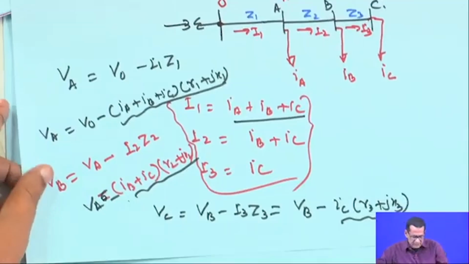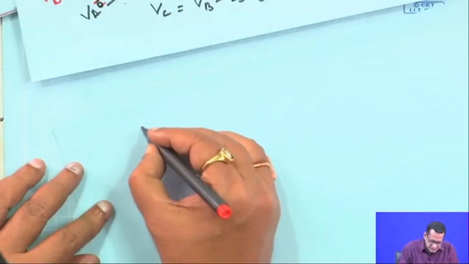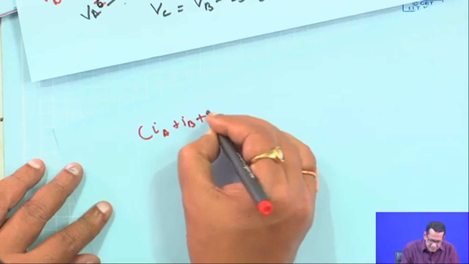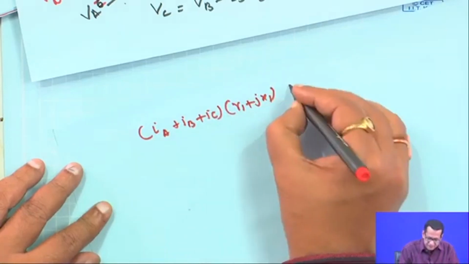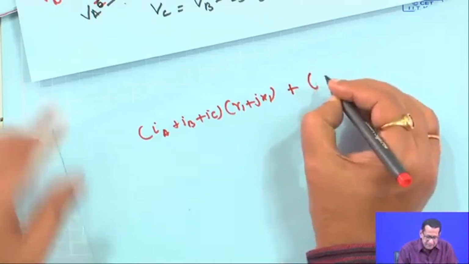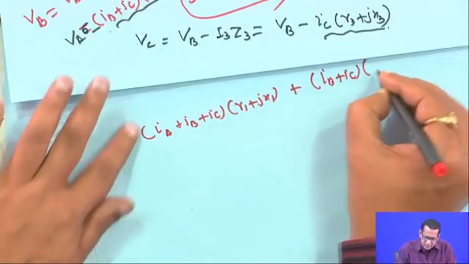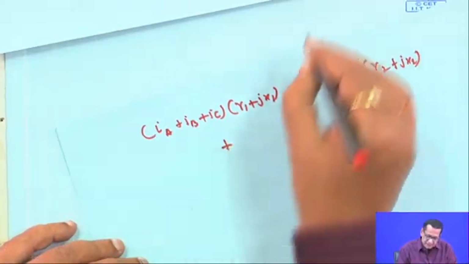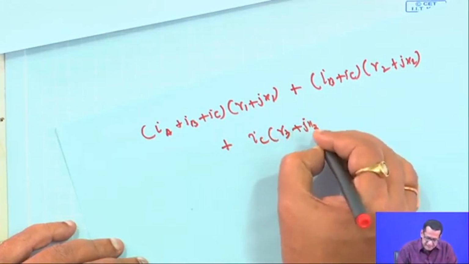If you add all this voltage drop, just for the sake of understanding: (I A plus I B plus I C) into (R 1 plus j X 1), plus (I B plus I C) into (R 2 plus j X 2), plus I C into (R 3 plus j X 3).